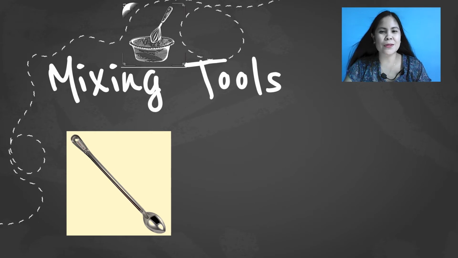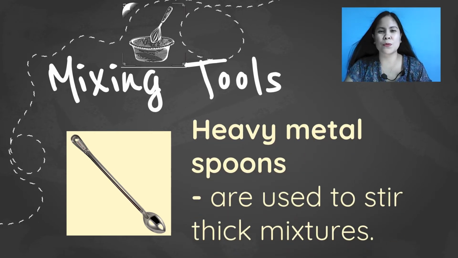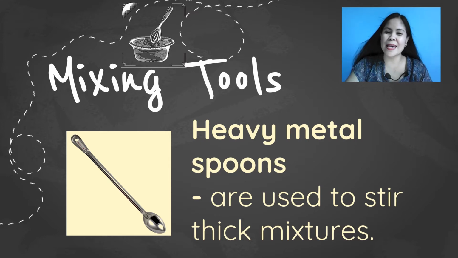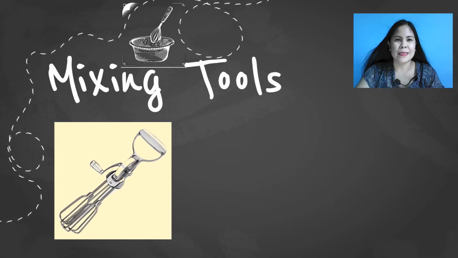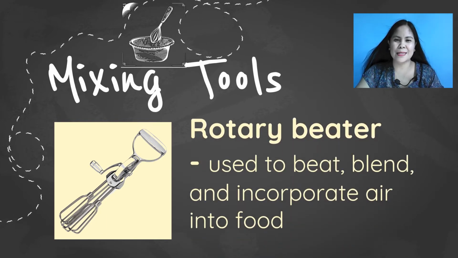Next mixing tools are heavy metal spoons. These large metal spoons for stovetop cooking are used to stir thick mixtures. Next mixing tool is what we call a rotary beater or an egg beater.